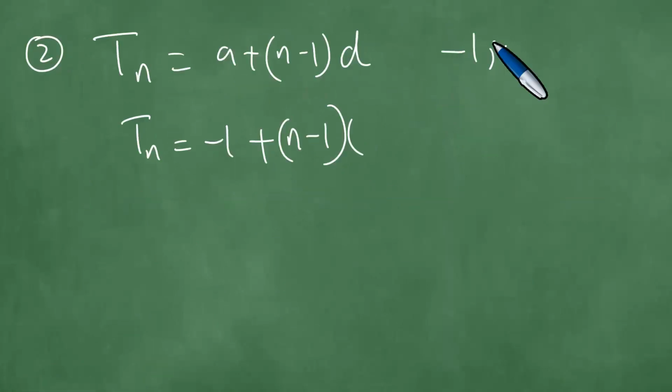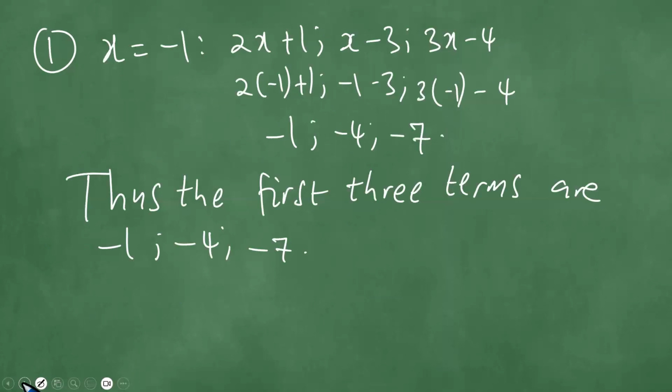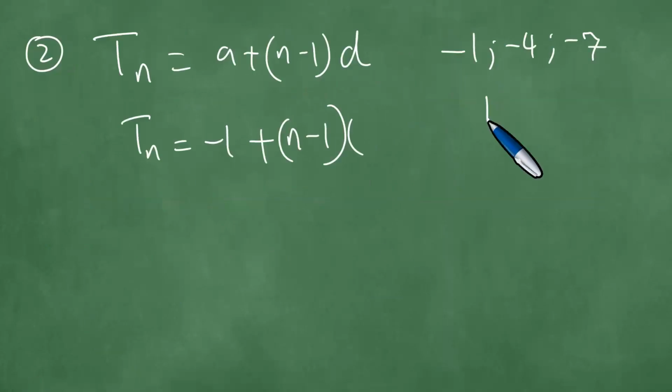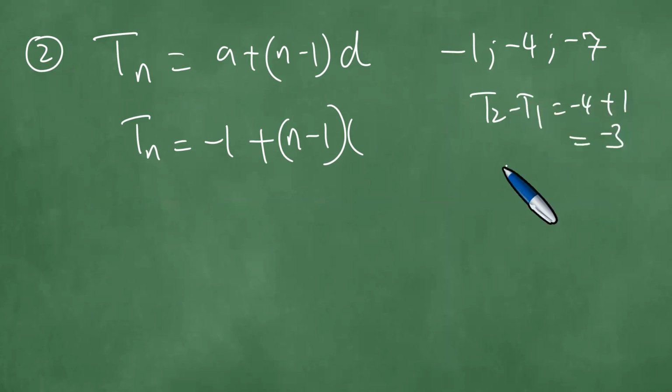Okay, you have minus 1, minus 4, minus 7. Is this correct? Yeah. So what is T2 minus T1? T3 is minus 7 plus 4, which is minus 3.